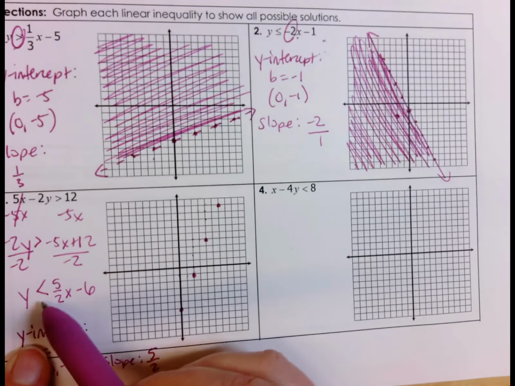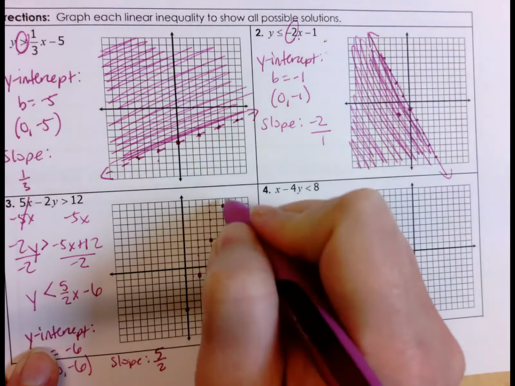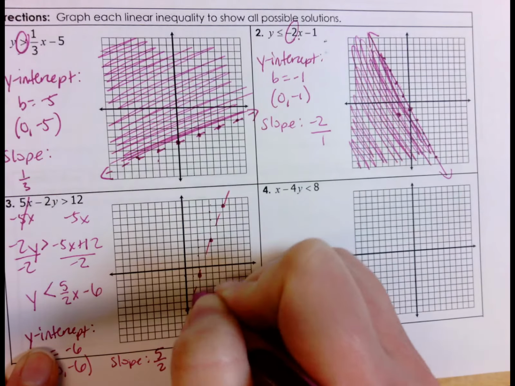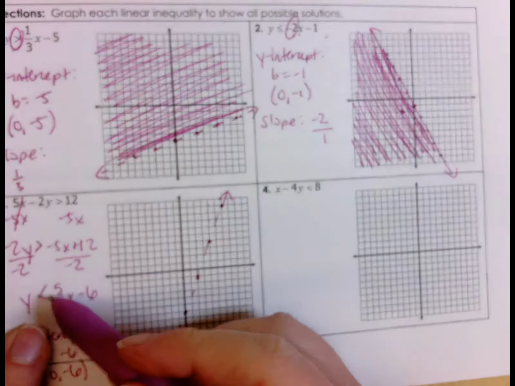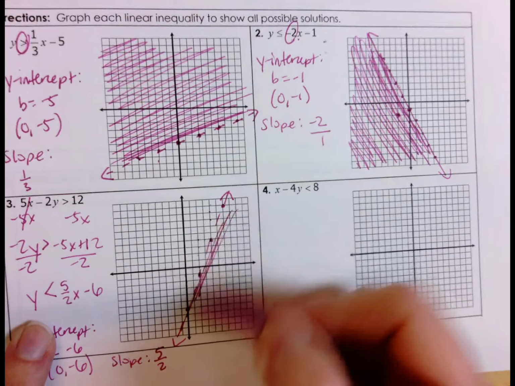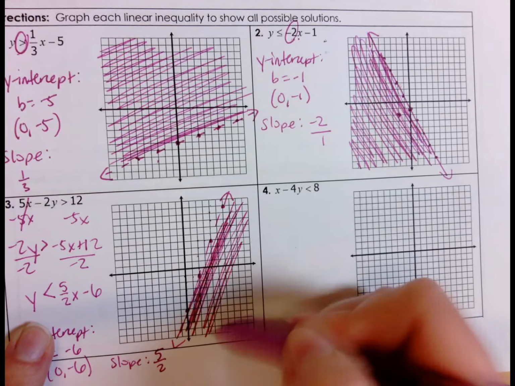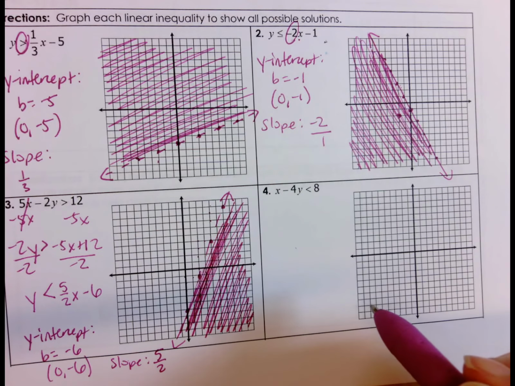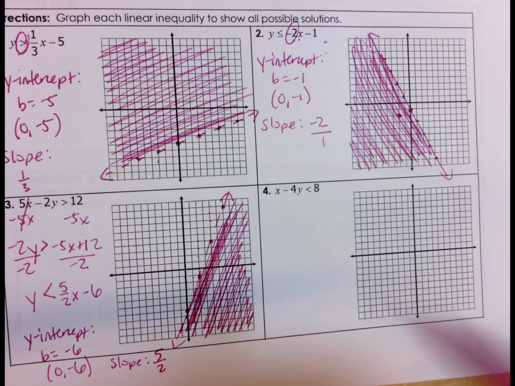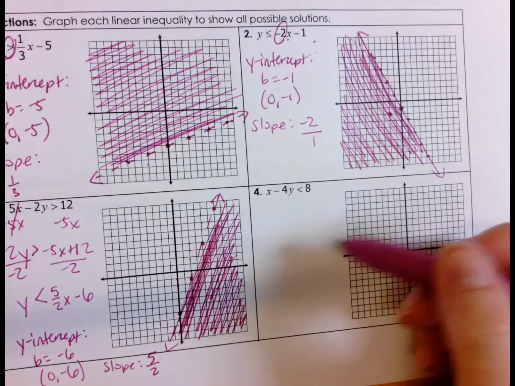Okay. Now look, there's no equal sign, so it is going to be a dashed line. And it's everything less than that, so I am going to shade below this line. All right, so that takes care of that one, and now we have one more.